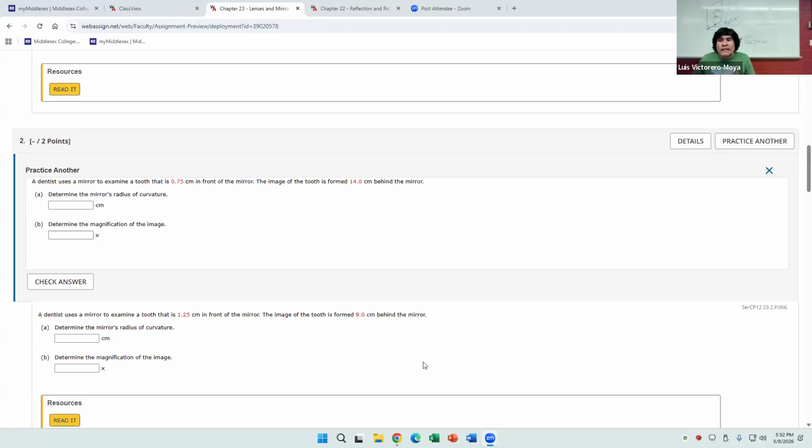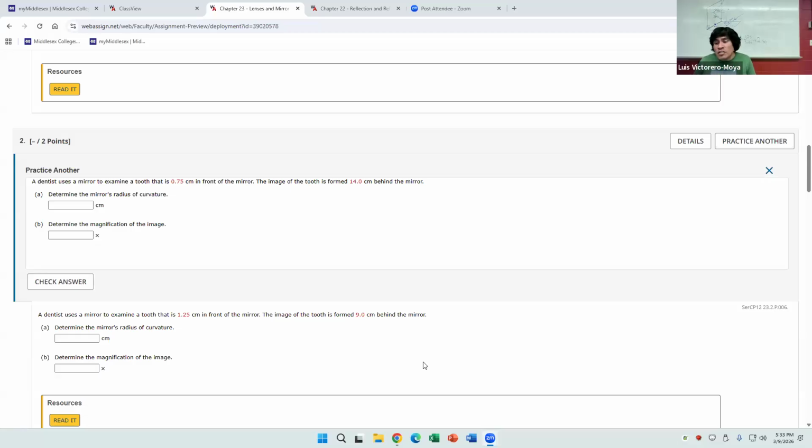Now, you're probably wondering, well, but they don't tell me. But I'm telling you, the only way you can magnify an object with a mirror is by using a concave mirror. Convex mirrors, they always make objects smaller. That's the idea behind a convex mirror. And images of convex mirrors are always virtual.